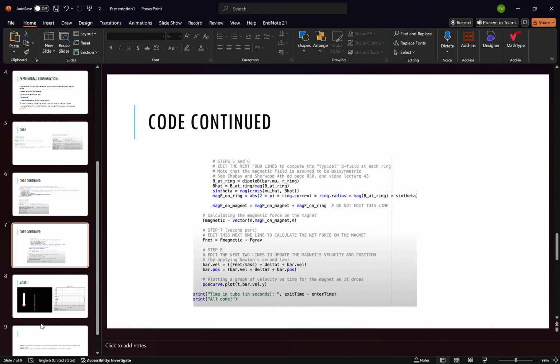Now we find the magnetic field at each ring, so we can calculate the change in magnetic flux. We can then calculate different variables shown in the equations I talked about earlier.